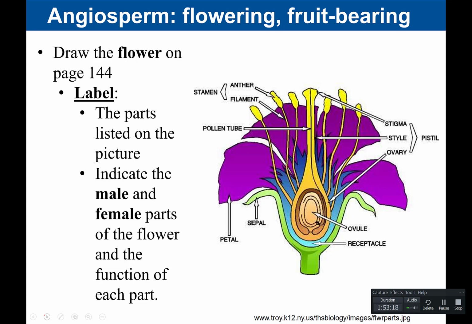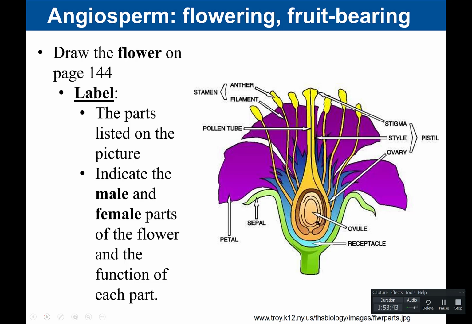Fruit give the advantage of protection of the seed, which contains the embryo, and it gives an advantage for seed dispersal. So again, gymnosperms had to rely on wind for seed dispersal, but angiosperms can have fruit be an agent of seed dispersal because animals will come along and eat the fruit.